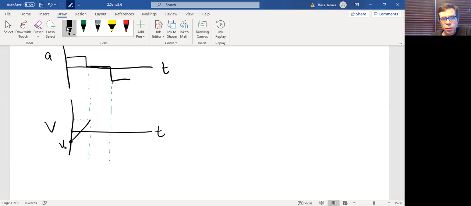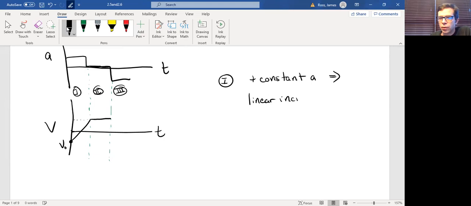So let's call this region 1, region 2, and region 3. So in region 1, positive constant A implies linear increasing v. In region 2, A equal to 0 implies constant v.